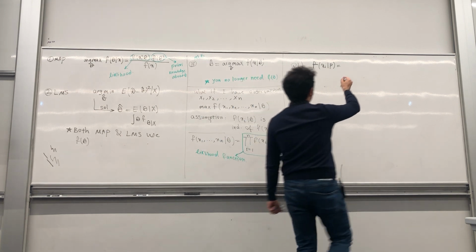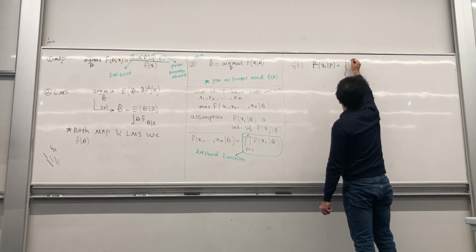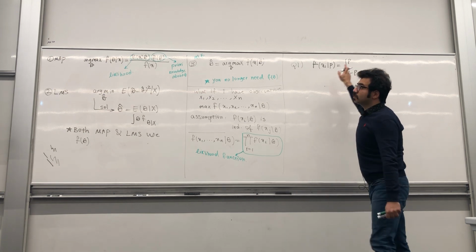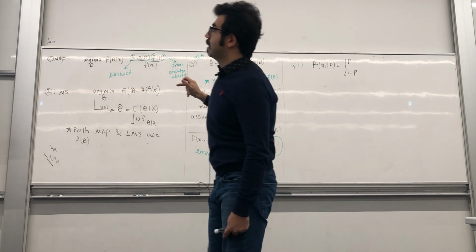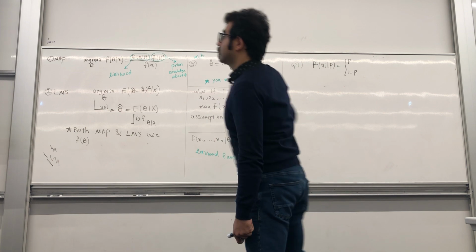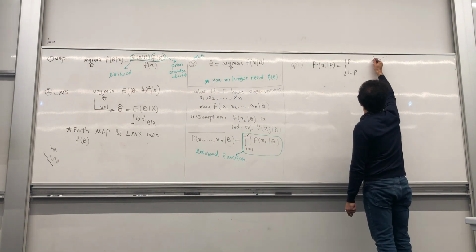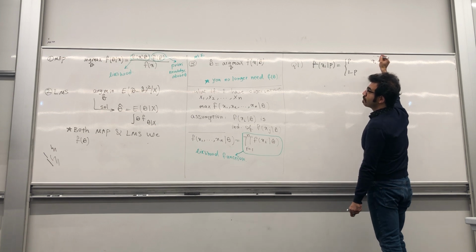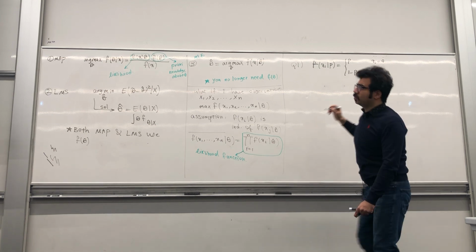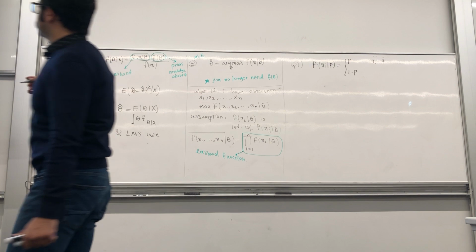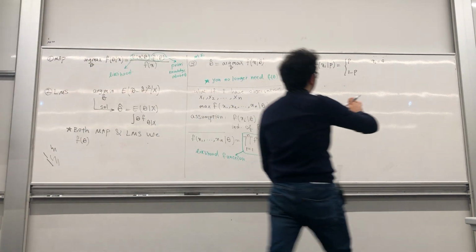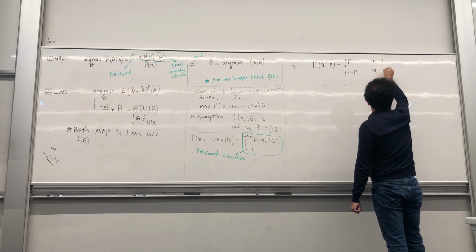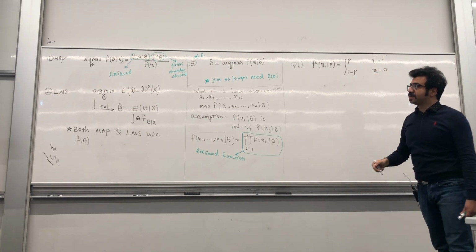So for a Bernoulli random variable, it is either equal to p or 1 minus p. It is equal to p if he owns a car, so xi equal to 1. Otherwise, xi equal to 0, and it is equal to 1 minus p.